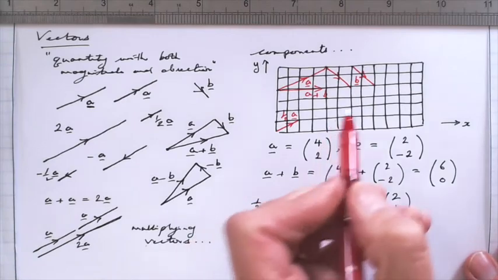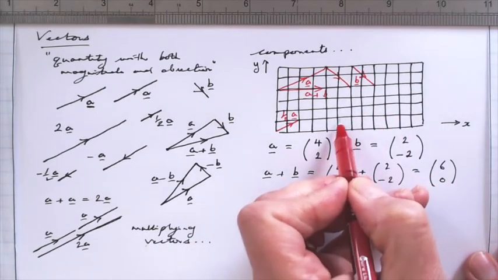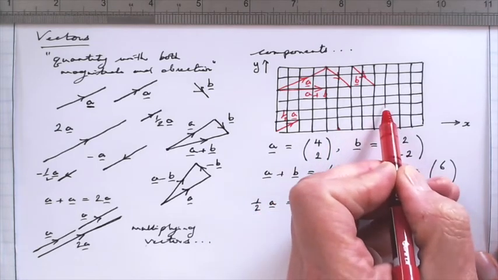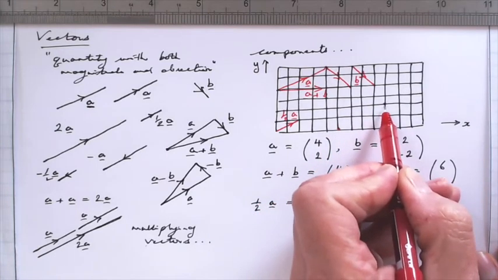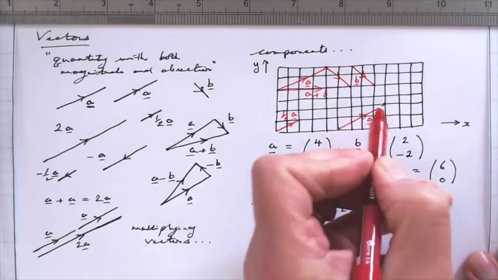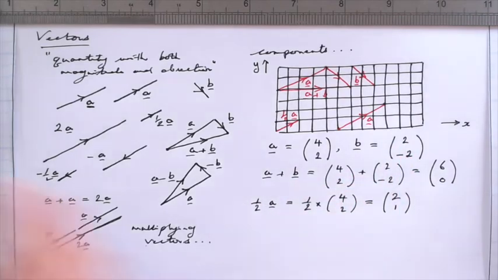Let's say we did A minus B. So here's A. We go 4 units, and then we go 2. So there's A. And let's say we're going to take B away from it. So B is 2, negative 2.